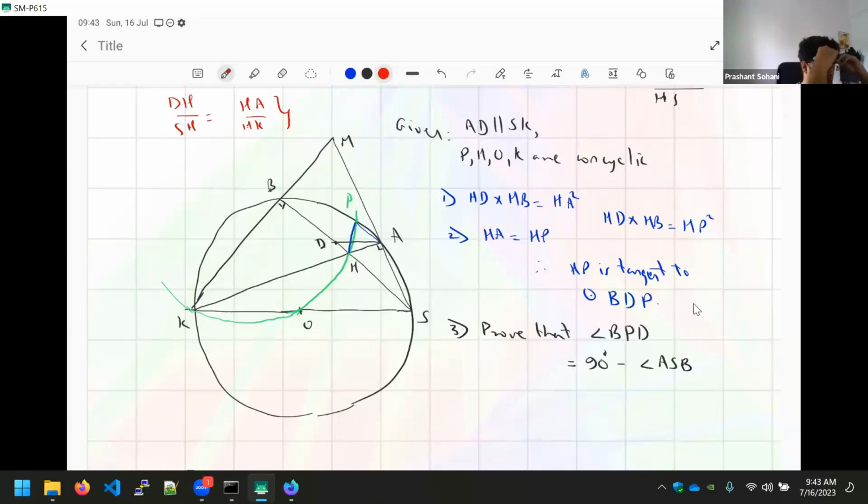M, P, H collinear is what you're claiming. No, at least from what I can see, it may look that way in a particular diagram, but I don't see a reason why it has to be true. In fact, I can see why it will not be true always.